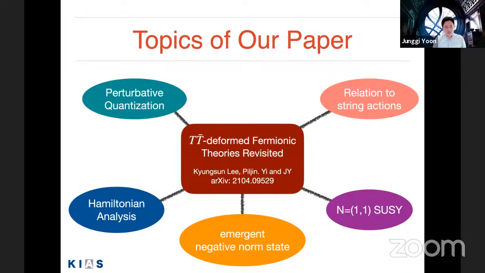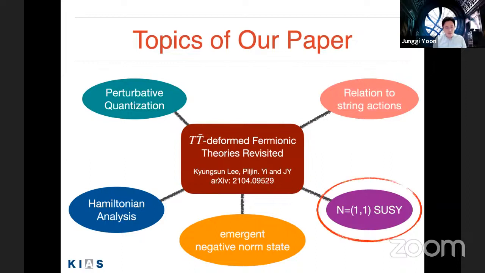And we explore the relation between the TT-bar deformation and various string actions. In particular, we study the TT-bar deformation of the free N=(1,1) supersymmetric model and its relation to the Green-Schwarz action. We also study the emergent negative norm state in some TT-bar deformation and the issue of non-unitarity.